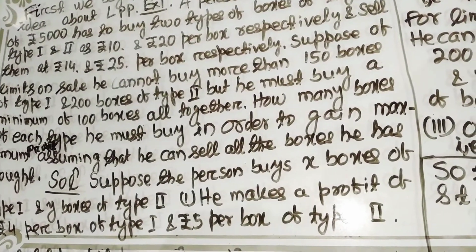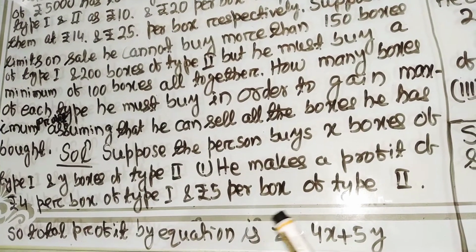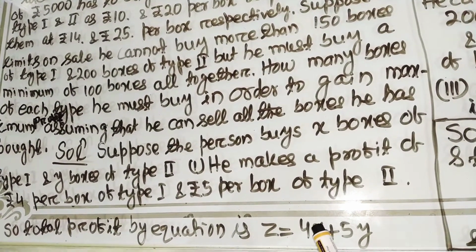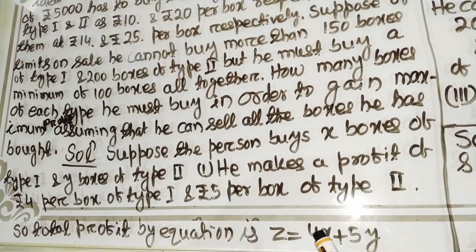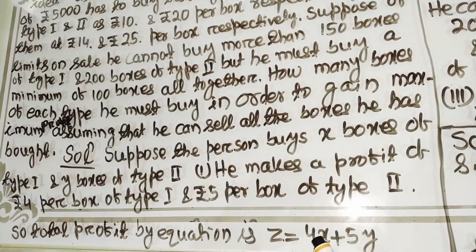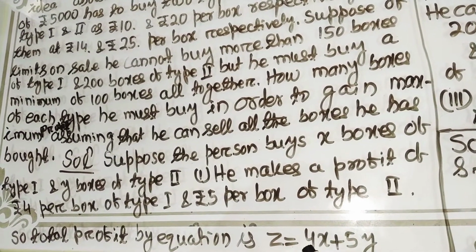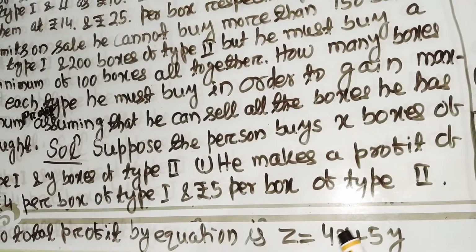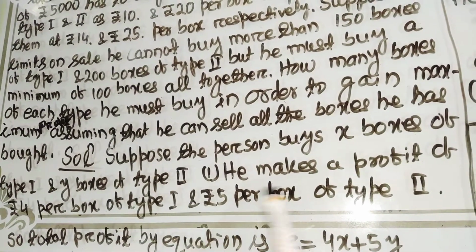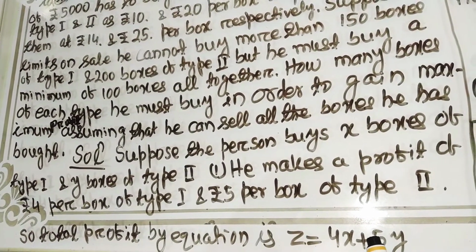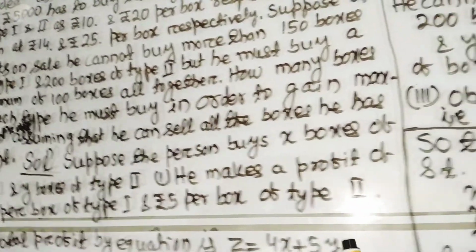Therefore, the total profit equation is Z is equal to 4x plus 5y, because he has to buy x boxes of type 1 with a profit of 4 per box, so 4x, plus y boxes of type 2 with a profit of 5 per box. So Z is equal to 4x plus 5y.